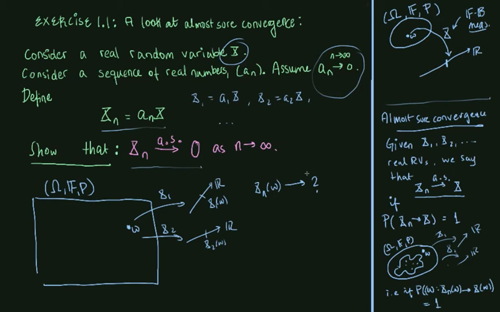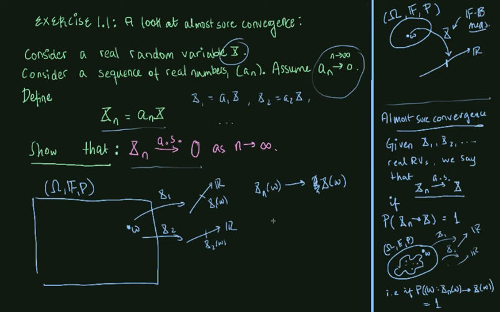And if it converges towards something, then we call that something the limit of Xn of omega, and we may call it X of omega, for example. If it doesn't converge towards anything, well then just bad luck.